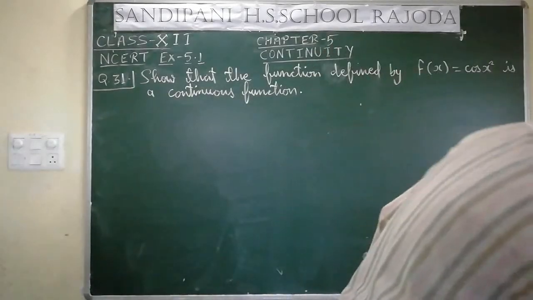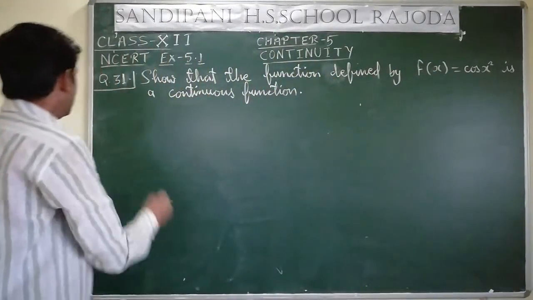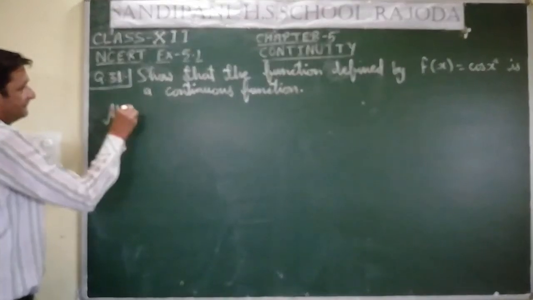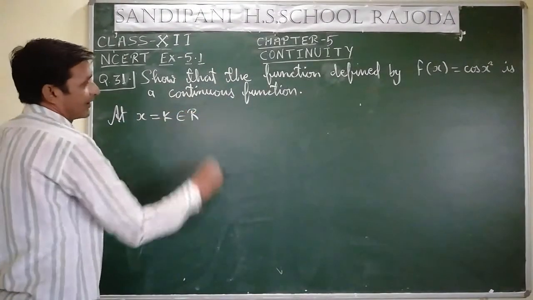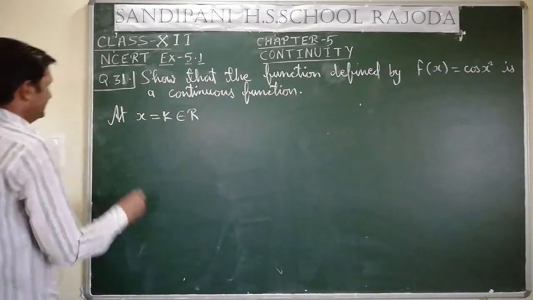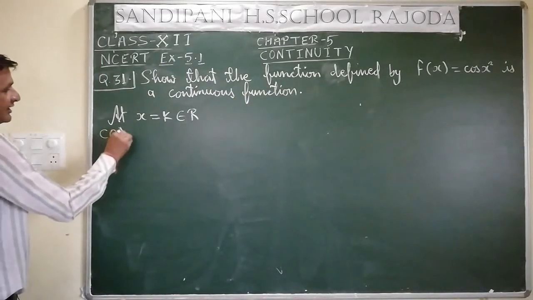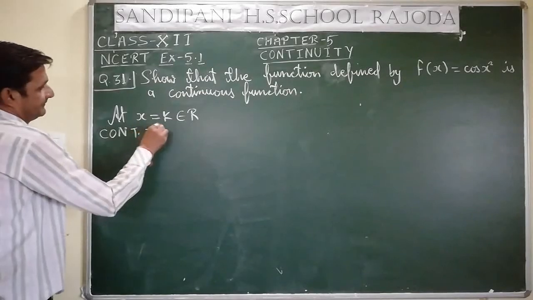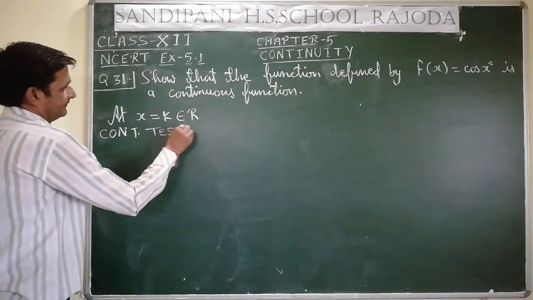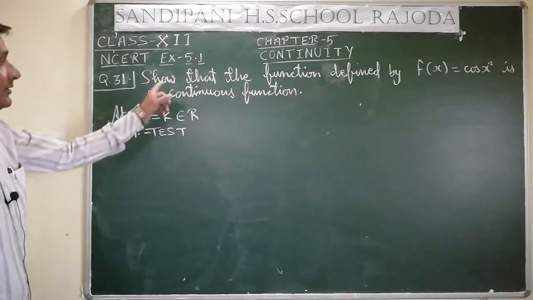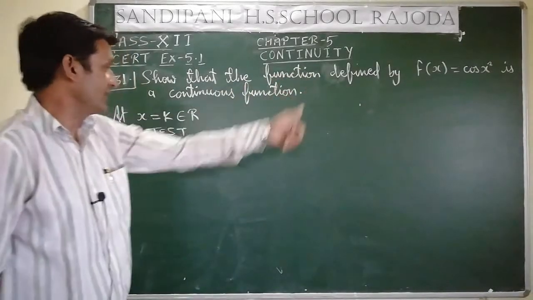And one direct method which we can apply at x is equal to k, k is element of real number, continuity test. We have to show that this function is continuous.